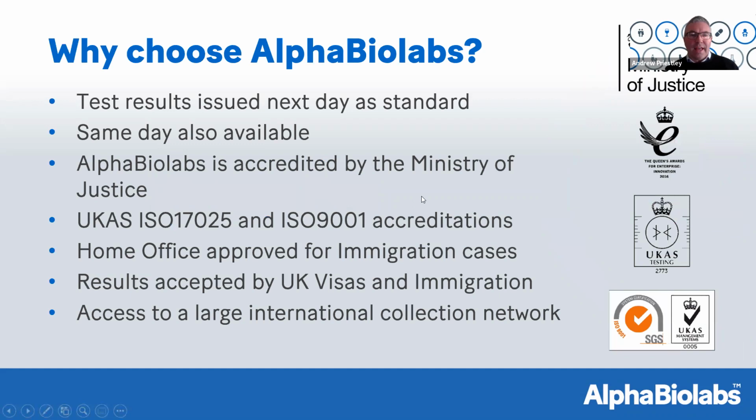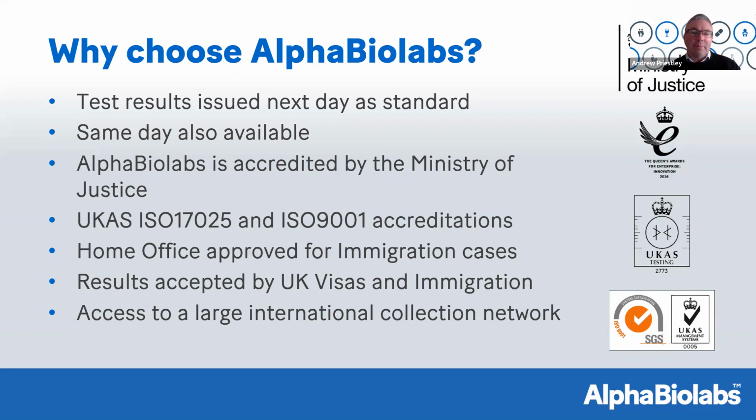Okay, so to close then, well, why choose Alpha for your DNA testing? Well, test results are issued next day as standard. And where needed, we can also issue a report on the same day that the lab receives the sample. We are accredited by the Ministry of Justice, and we have UCAS accreditations, ISO 17025 and ISO 9001. All the tests that Ashley spoke about this morning can also be used for immigration cases because we are Home Office approved.